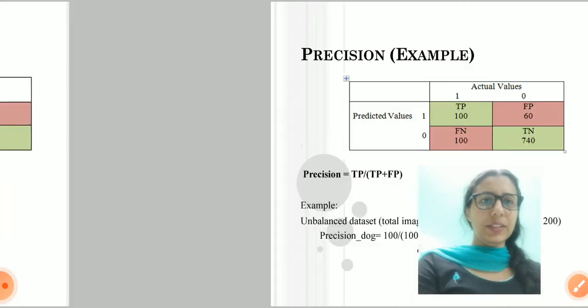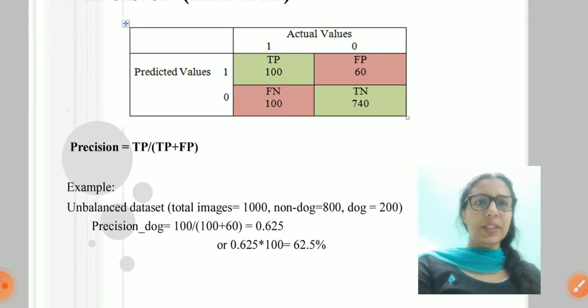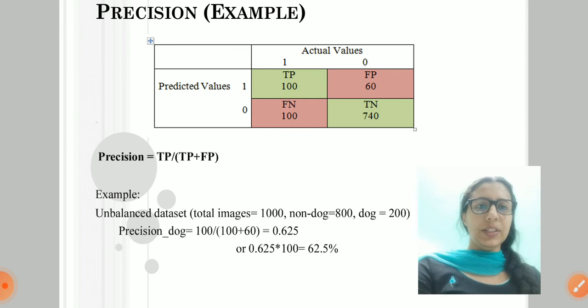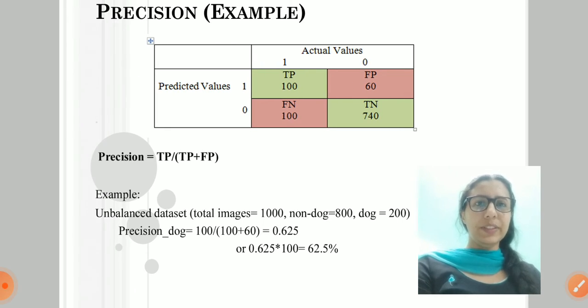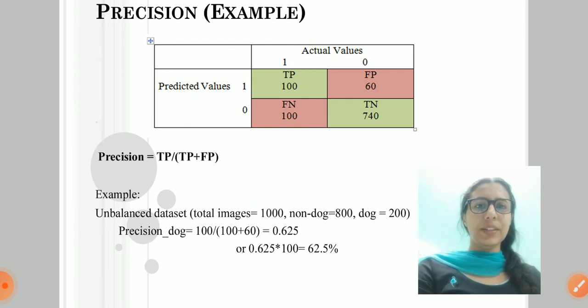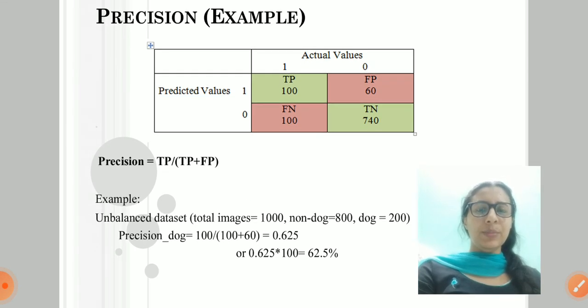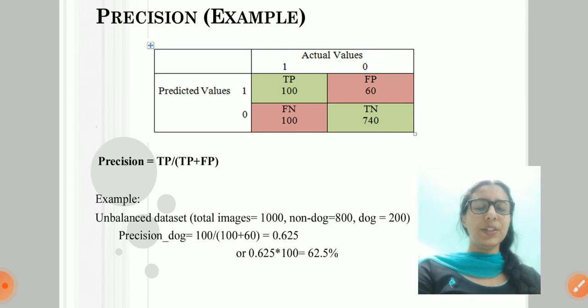Okay, then next, here is the example which I explained previously with accuracy. Here we have the same unbalanced data set as before: total images 1000, non-dog images 800 and dog images 200.